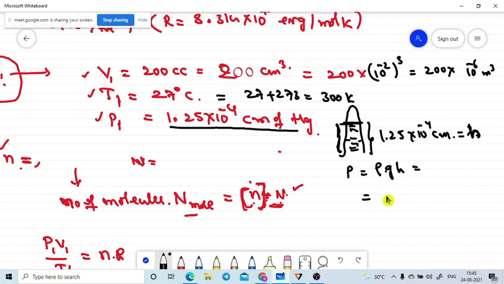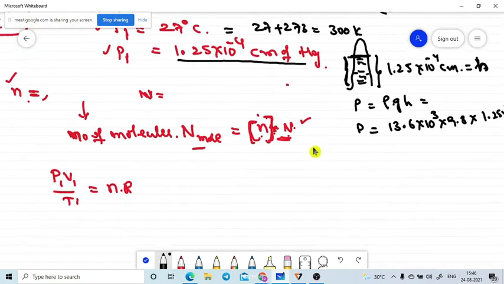Do you know? 13.6 into 10 to the power of 3, in the SI system, into G is equal to 9.8 into H is equal to they are given 1.25 into 10 to the power of minus 4. Pressure also we got. So just simply substitute all the values in this one.